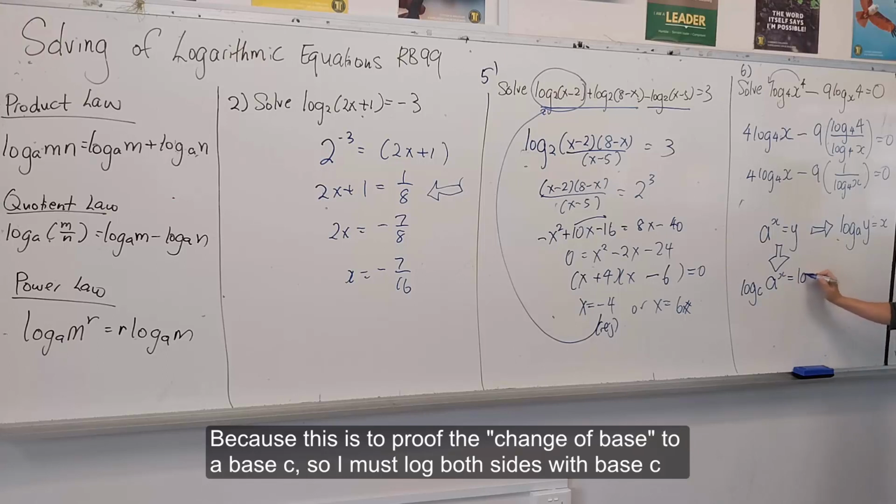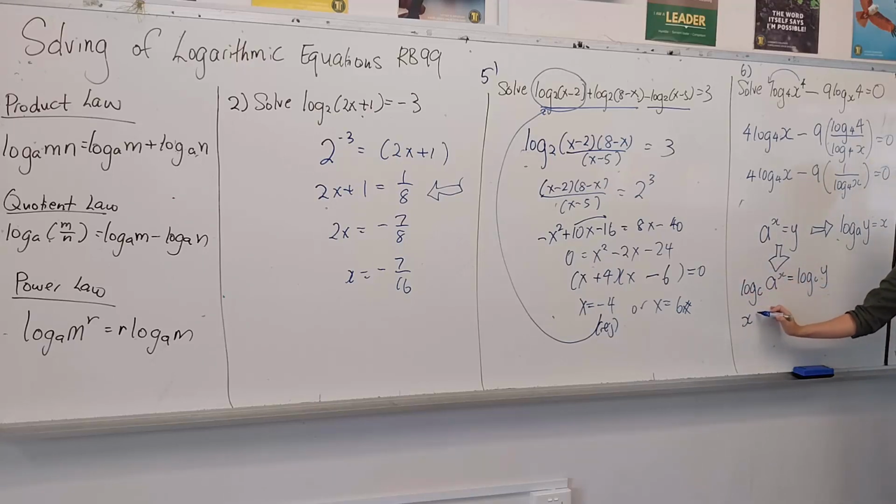So far, okay? So I can bring the x down. And then x equals to log base c y over log base c a, right?